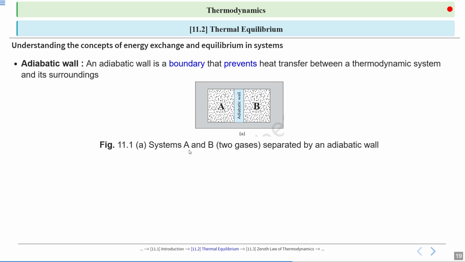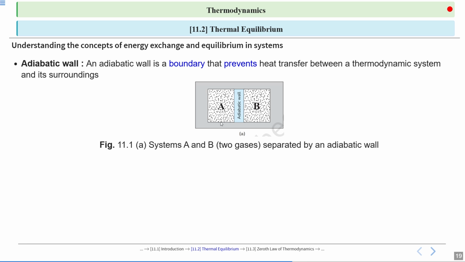All right, so the question arises: what is an adiabatic wall? Basically, an adiabatic wall is a boundary that prevents heat transfer between a thermodynamic system and its surroundings. So we can say adiabatic walls prevent a transfer of heat between surroundings and system.